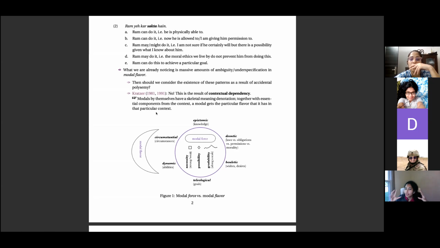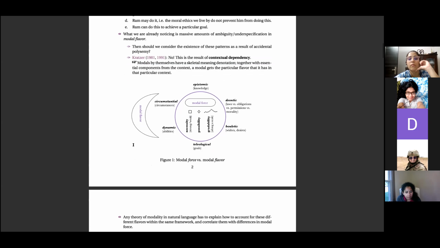In your semantics, you have to bring in the force somehow and bring in the flavor somehow. If you're bringing in epistemic force, then you can't also say that epistemic force gives you what kind of quantification. Something else has to give you the force of quantification. Okay, she says she got it.